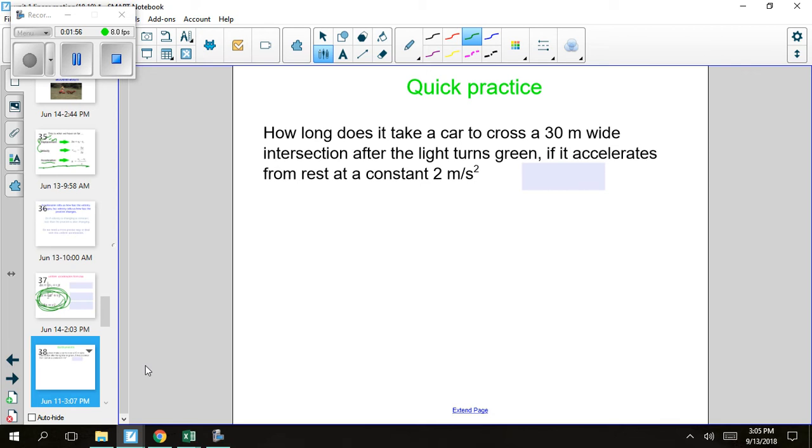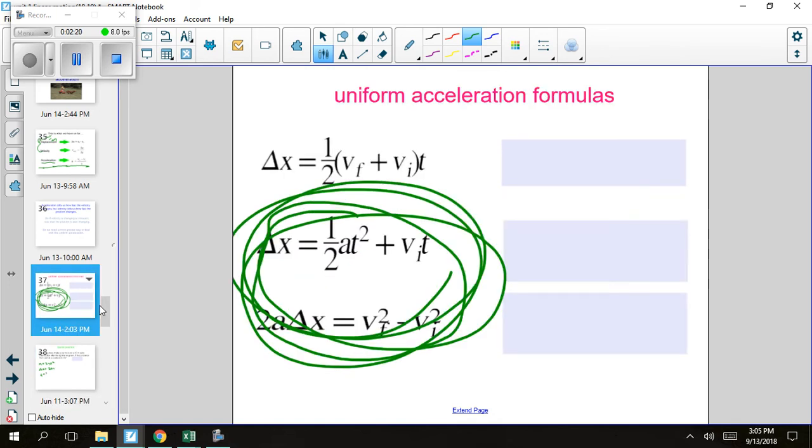So how long does it take a car to cross a 30-meter wide intersection after the light turns green, assuming that it accelerates from rest at a constant 2 meters per second squared? So our acceleration is 2 meters per second squared. Our displacement is 30 meters, and we are looking for time. All right, so if you look back over here, we are not given time.